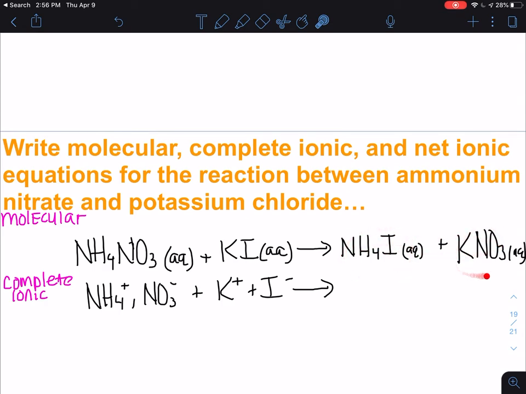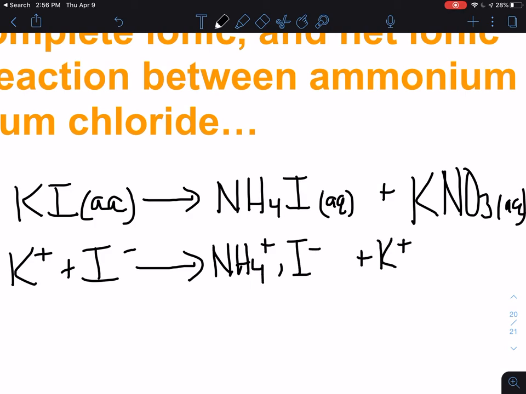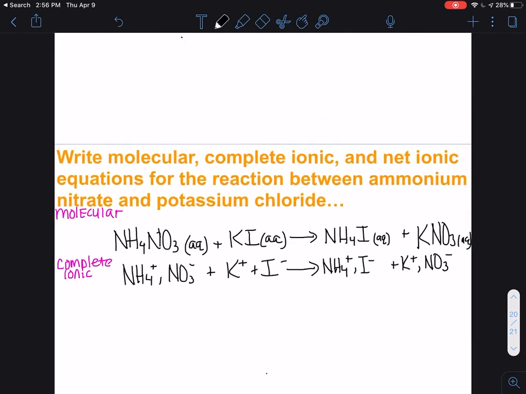look, aqueous and aqueous. So let's take a look why. We're going to finish our complete ionic by breaking everything up. NH4 plus, I minus, plus K plus, comma, NO3 minus, because everything's aqueous.